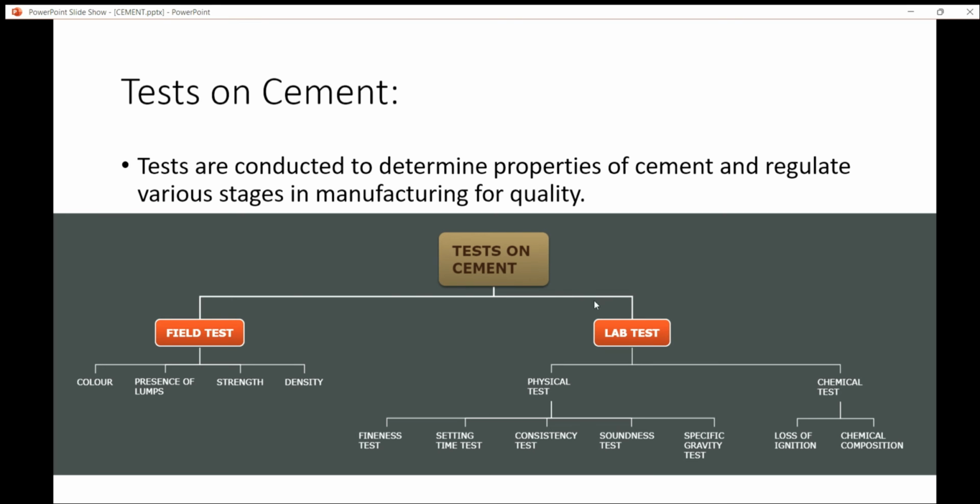In the lab test, it is mainly classified into two categories: physical test and chemical test. In the physical test category, we test fineness, setting time, consistency, soundness and specific gravity. In chemical tests, we check loss on ignition and chemical composition.